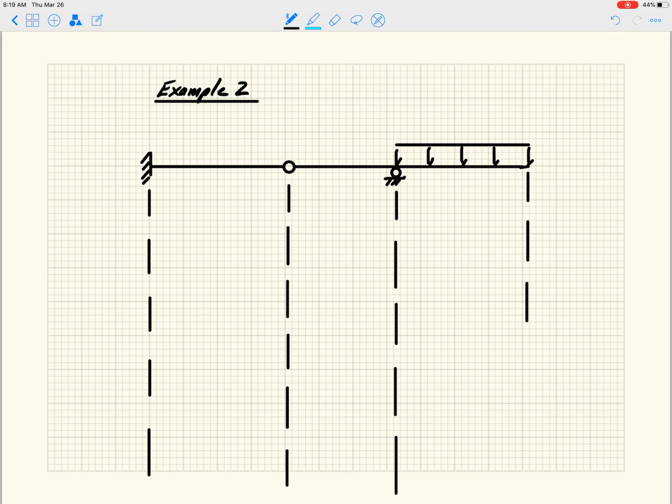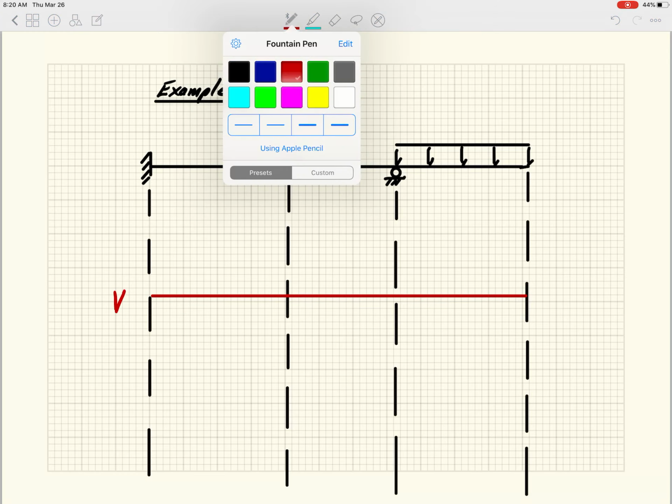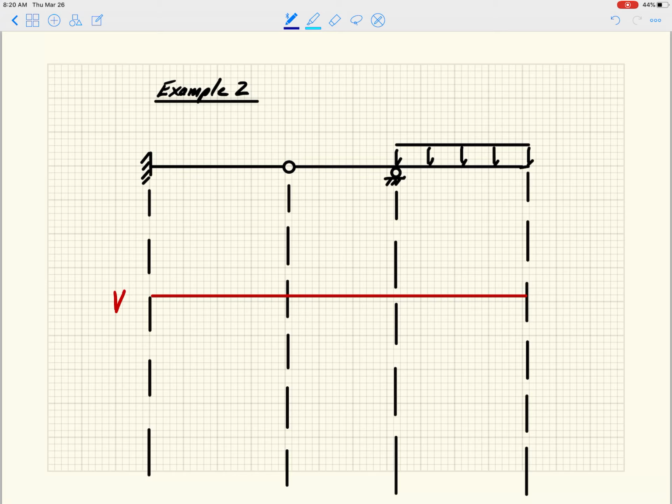Something like that. And let's see, I think we do shear in red, and then we do moment in blue. Okay.